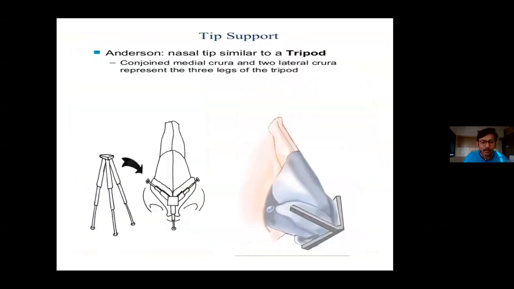And you also must be familiar with Anderson's tip tripod concept. He has compared a nasal tip with a tripod in which the two lateral crura on the two opposite sides act as two legs, and the two medial crura together act as one leg.